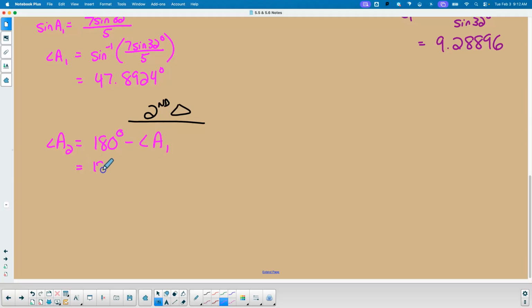So that is going to be 180 degrees minus 47.8924 degrees. So that's going to be 132.10759 degrees.